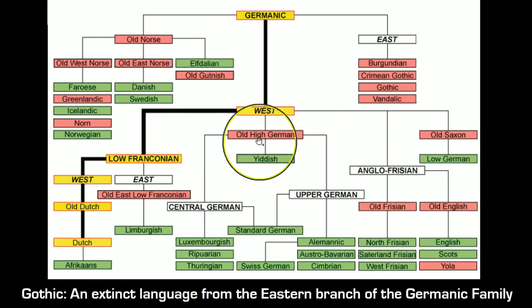And then in that same Western group is Anglo-Frisian, and that gives us Old English and Old Frisian. And so Frisian is this language of the northern part of the Netherlands that continues to exist. It's English's closest relative, right, other than Scots English, right? So this is essentially the living language.